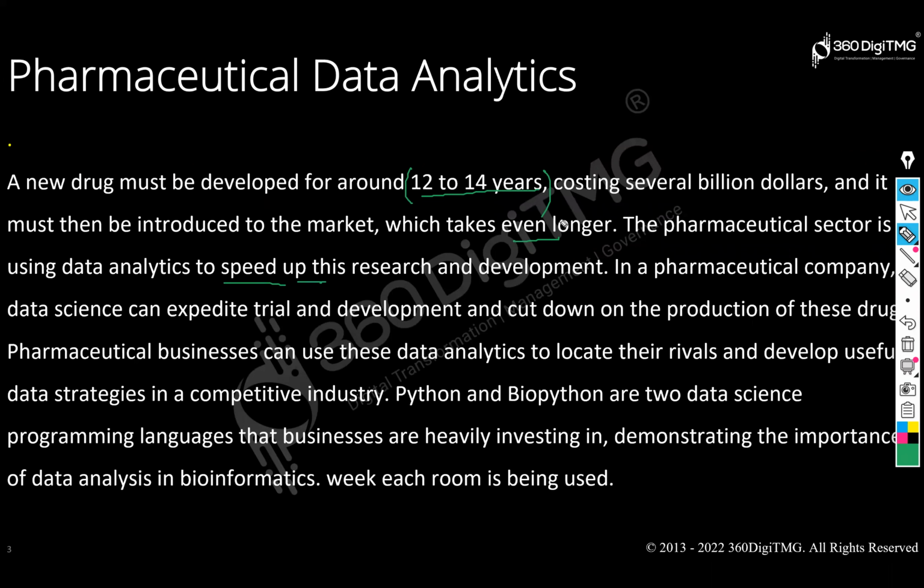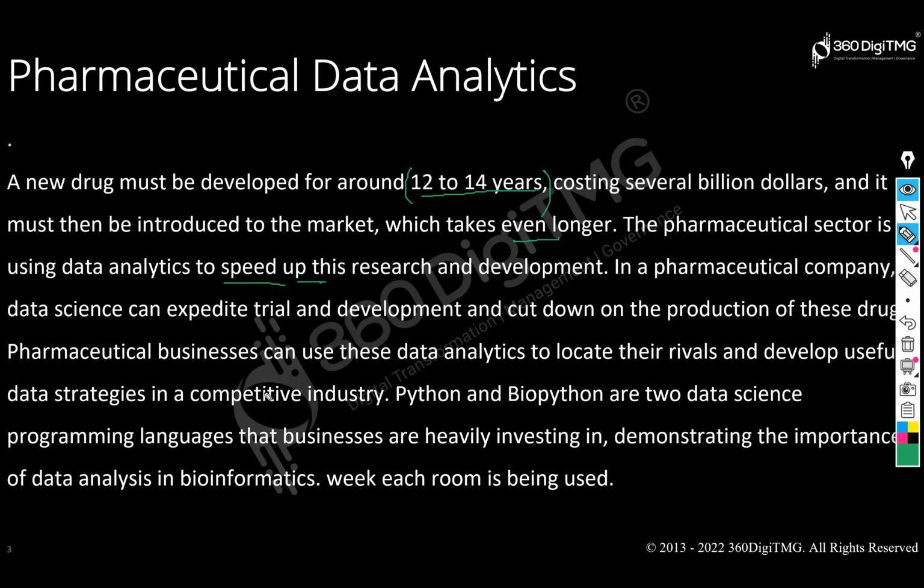How is this going to help us? I hope the question is clear. In pharmaceutical companies, data science can expedite trials and development and cut down on the production time of these drugs. Pharmaceutical businesses can use data analytics to locate their rivals and develop useful data strategies in a competitive industry.